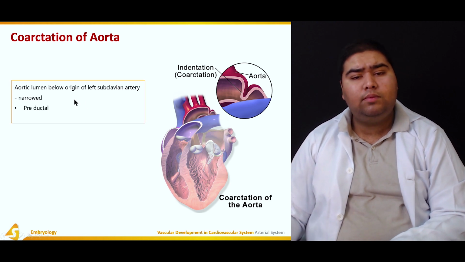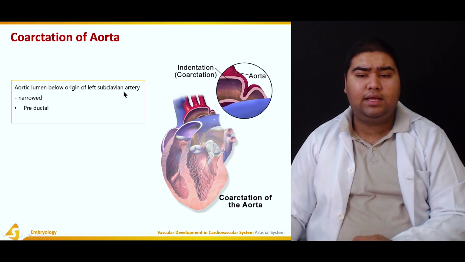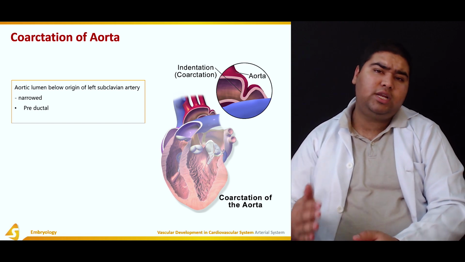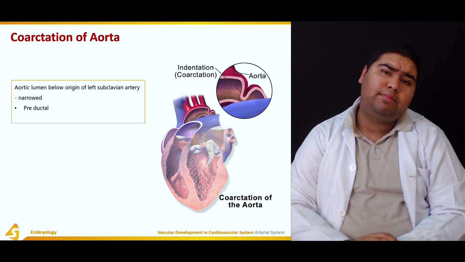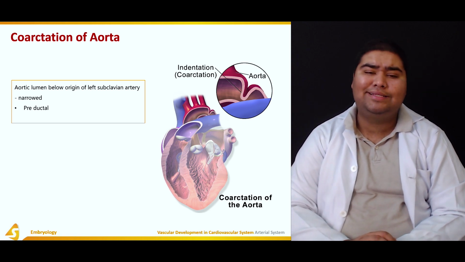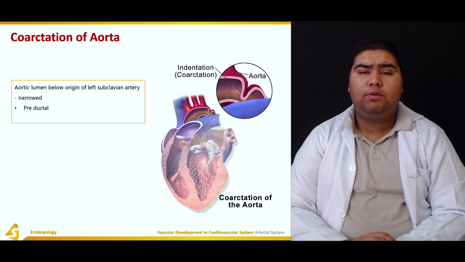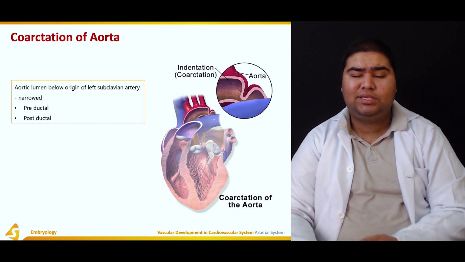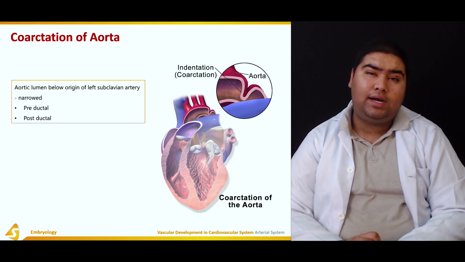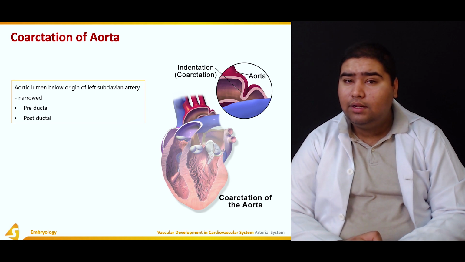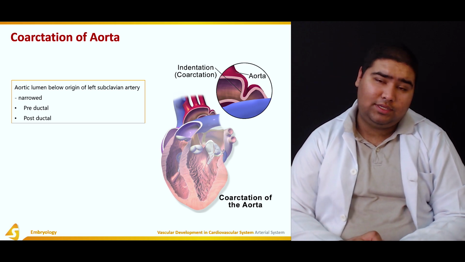So the aortic lumen below the origin of the left subclavian artery is narrowed. So it usually occurs after the origin of the subclavian artery, and it is narrowed. It can be preductal or postductal. So what type of duct is present in this region? That is ductus arteriosus.